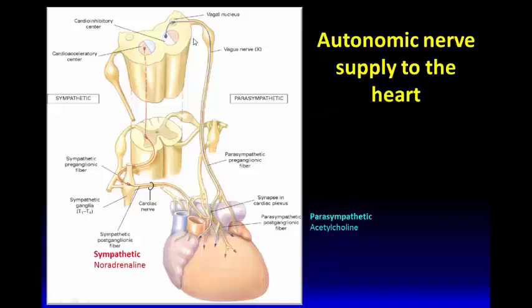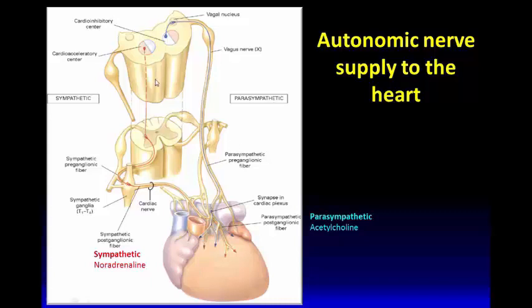In the medulla oblongata, there are centers which are bilaterally located and regulate the functions of the cardiovascular system. We have a cardioacceleratory center, which is sympathetic in nature, and from this center, sympathetic innervation eventually reaches the entire heart as well as the blood vessels.